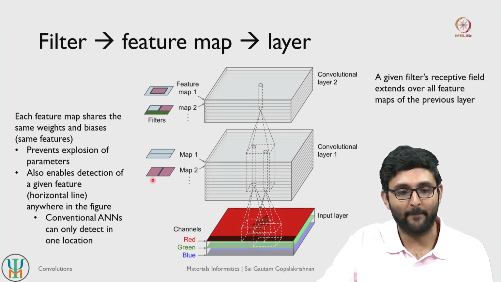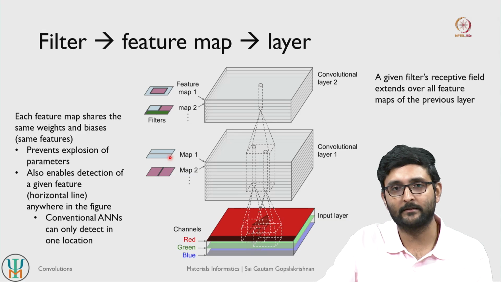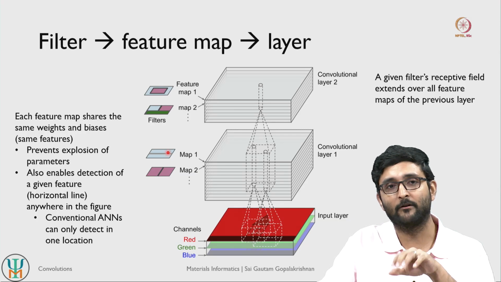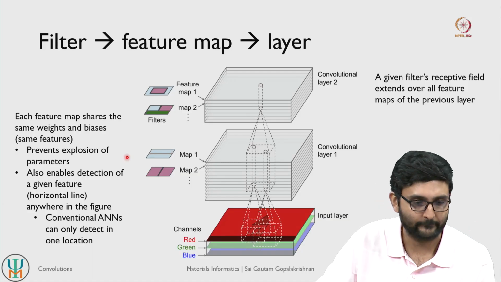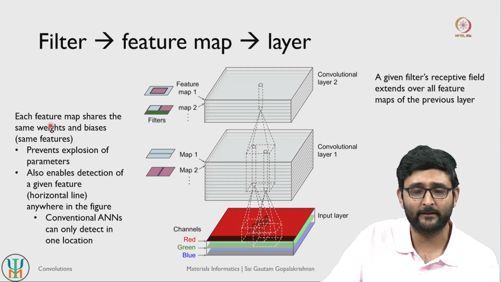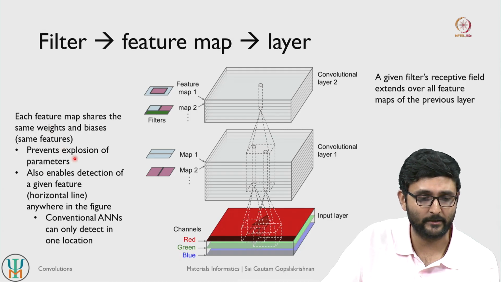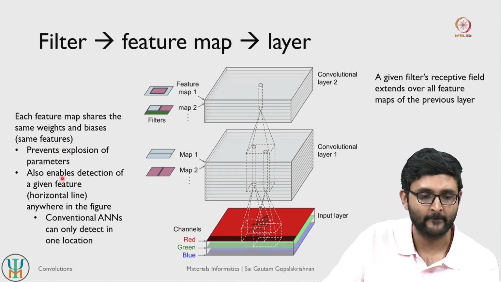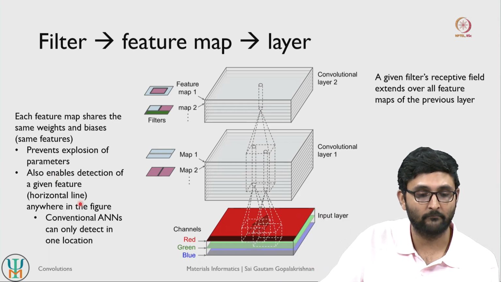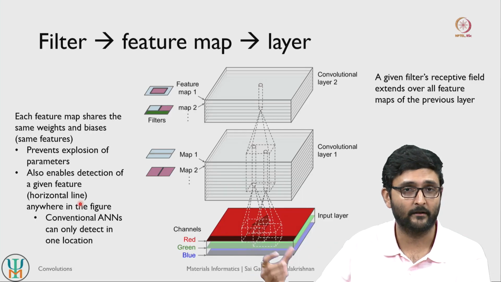So in map 2 neurons can have different sets of weights and biases, but all neurons within that map will have the same set of weights and biases, and in map 1 they will have their own set of weights and biases as well, right. So each feature map has its own set of weights and biases, and it generally prevents explosion of parameters. It also enables detection of a given feature anywhere in the figure itself.